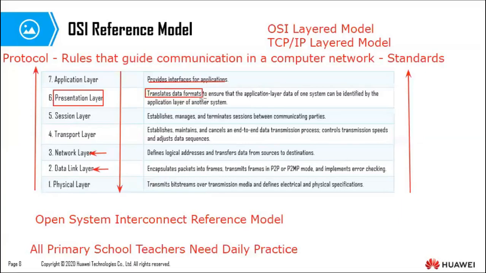It translates data formats to ensure that application layer data of one system can be identified by the application layer of another system. So data encoding, conversion, maybe from ASCII, have you ever heard of ASCII? The American Standard Code for Information Interchange. Those are the kind of things that happen at the presentation layer.